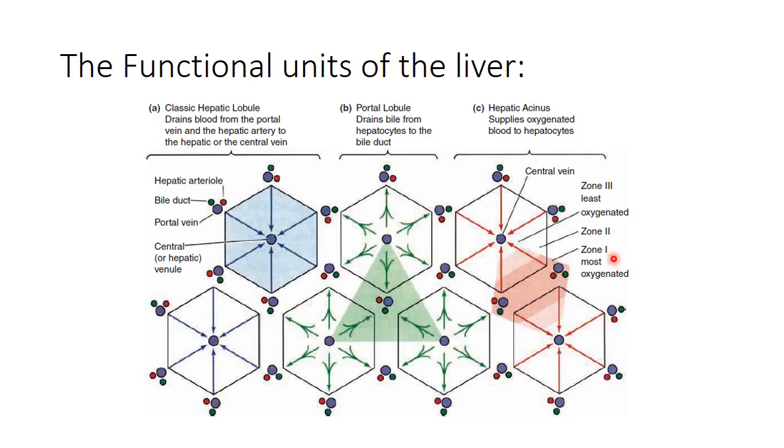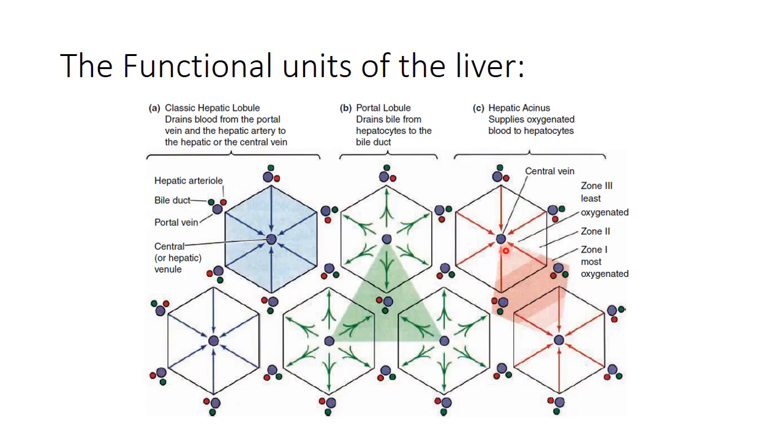These hepatocytes that are present in zone 1, which are the most oxygenated cells, are responsible for oxidative metabolism such as protein synthesis. However, hepatocytes in zone 3, for example, receive the least oxygenated blood. That's why they suffer the most in cases of ischemic necrosis of the liver.